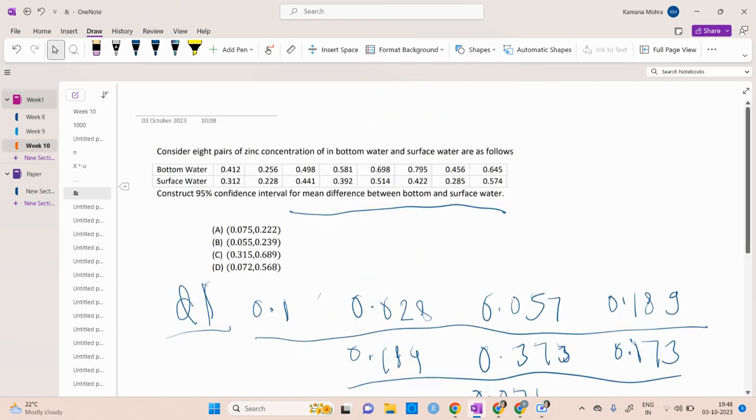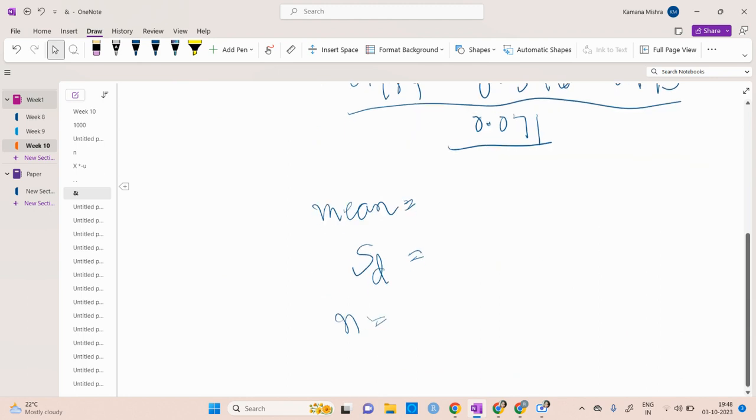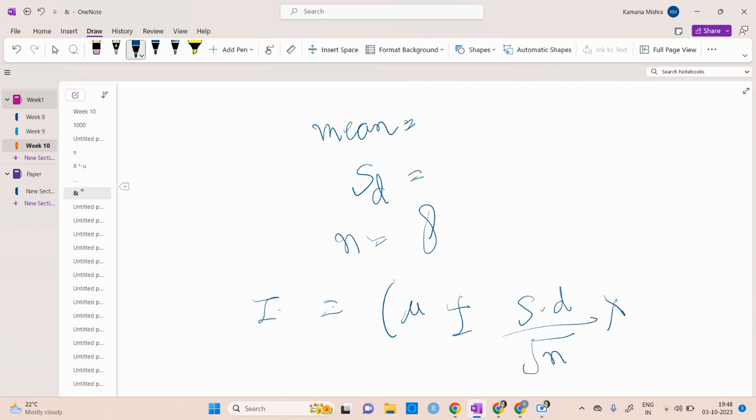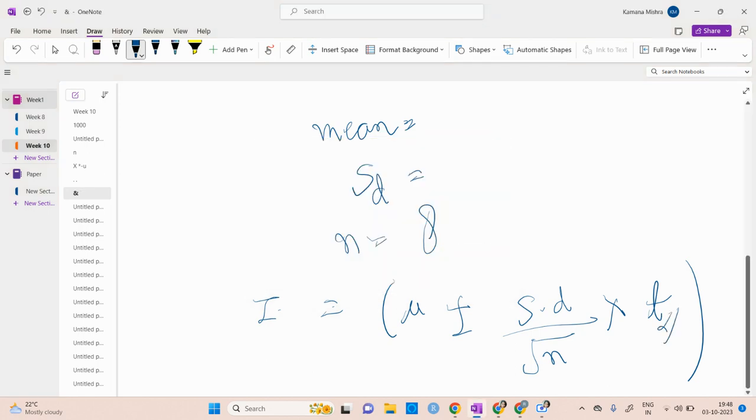You have 1, 2, 3, 4, 5, 6, 7, 8 samples, 8 samples, and then the interval will be the mean plus minus standard deviation divided by root n times the t statistic at alpha by 2 comma, sample is 8, so degrees of freedom will be 7.